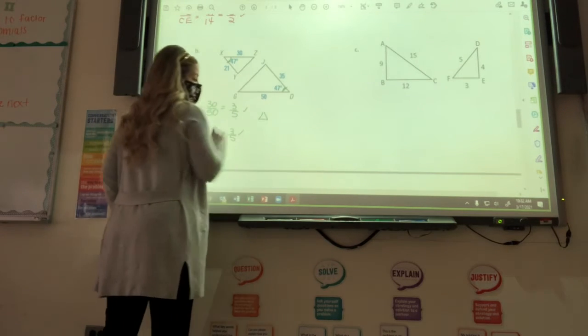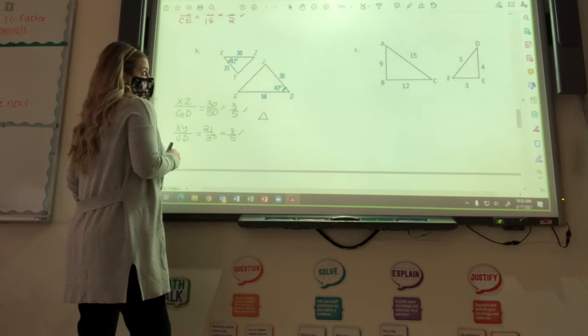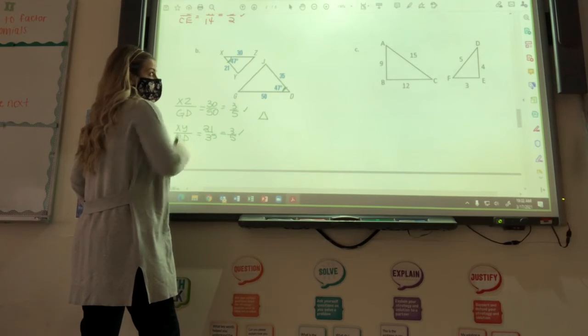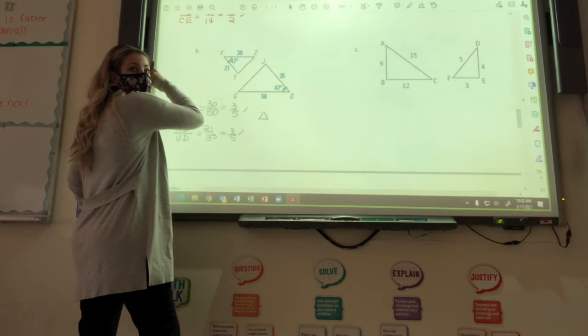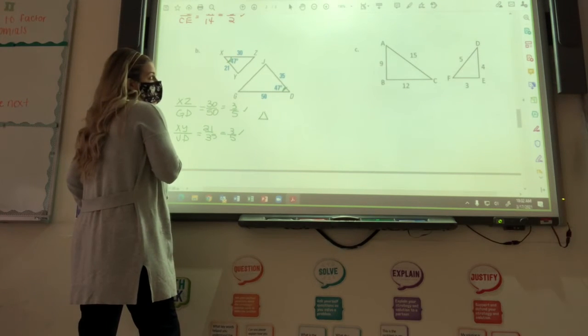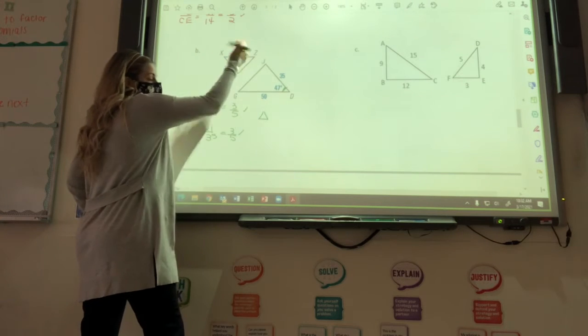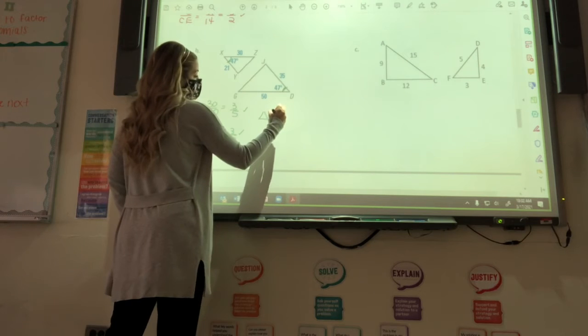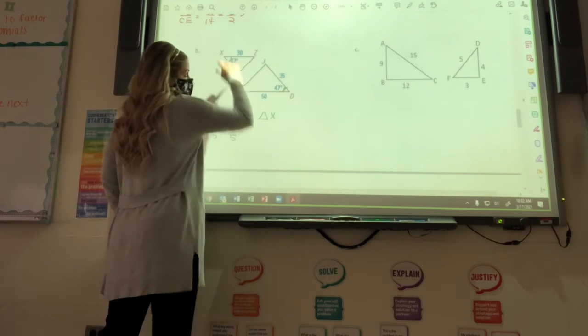You gotta go in order for the first? No, it doesn't matter what order the first one is. I would start with the angles that match. So like X. Just go in any order.